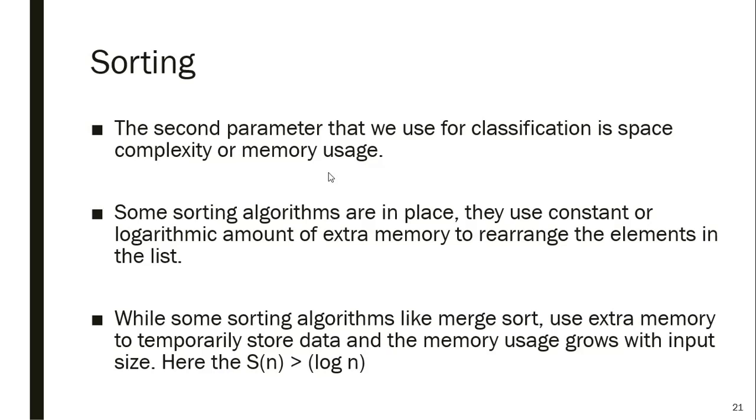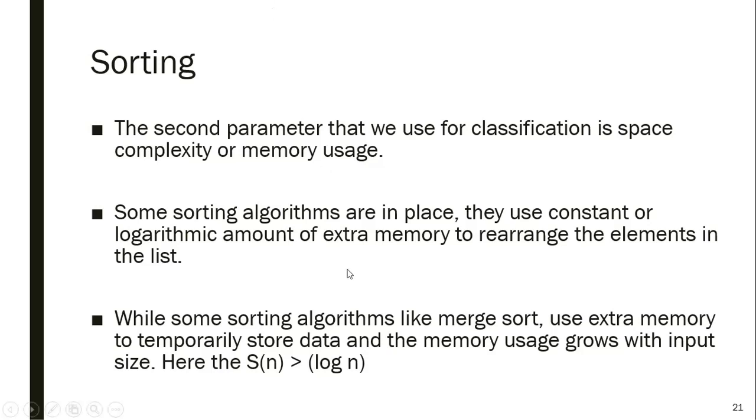It means this sorting is not taking place on just the original memory location, on the original array or on the original linked list. It requires many other memory locations as well. So it is not in place of the original array or linked list. So we are in fact sorting it out of place.